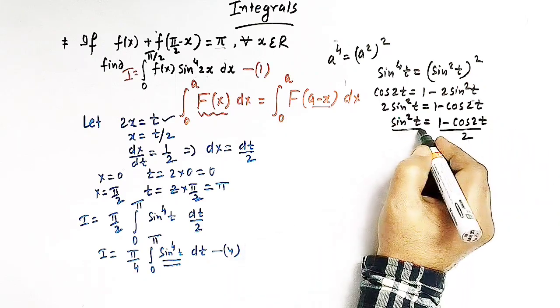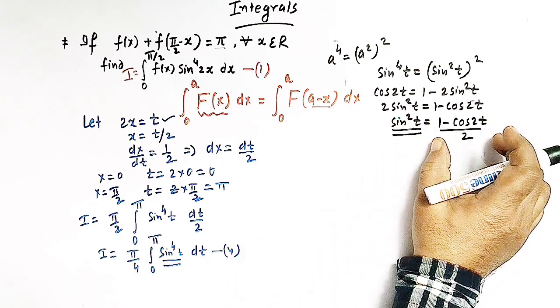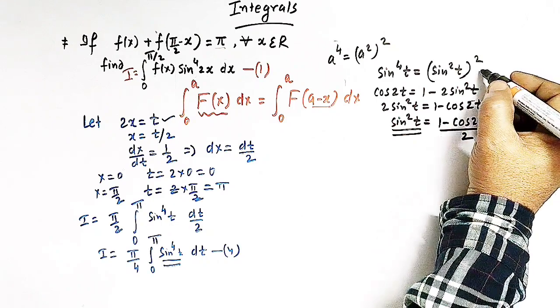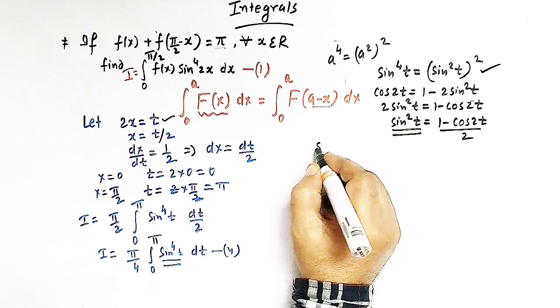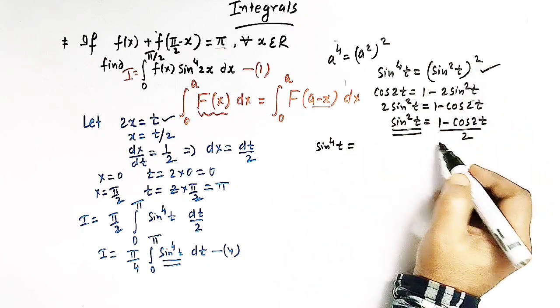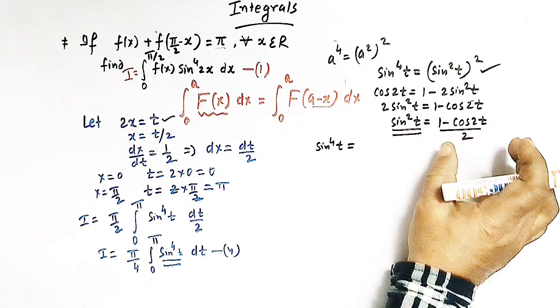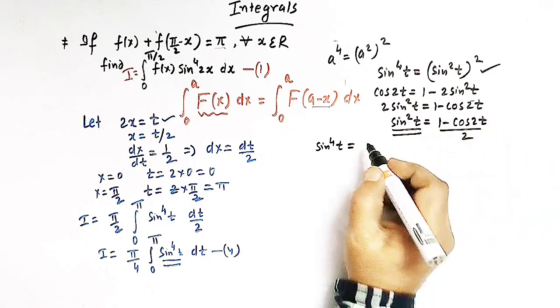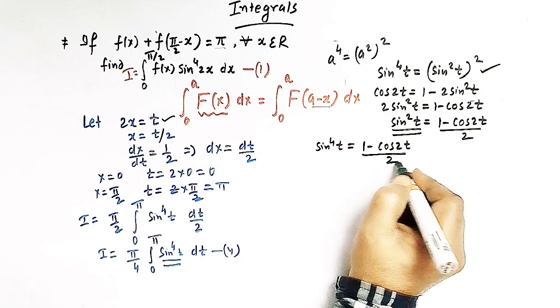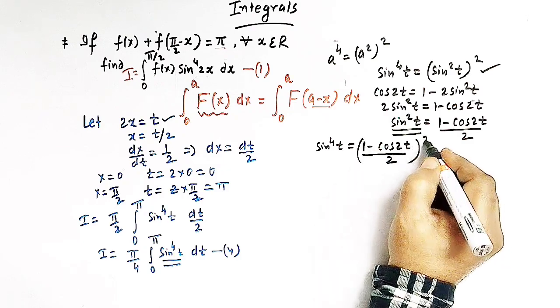So let us substitute the value of sine square t as 1 minus cosine 2t over 2 in this equation. So we can now write here the square of this term, because sine square t is given by this term. So we have 1 minus cos 2t divided by 2, and here we have square.